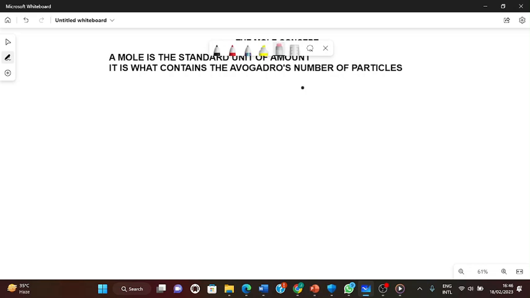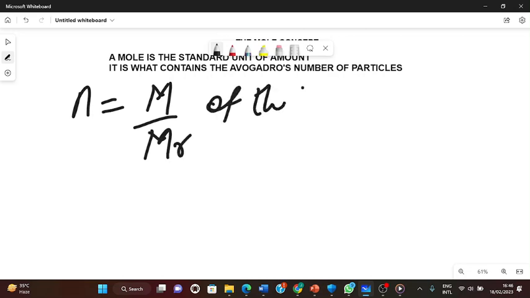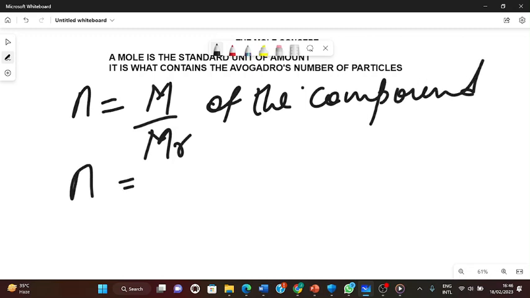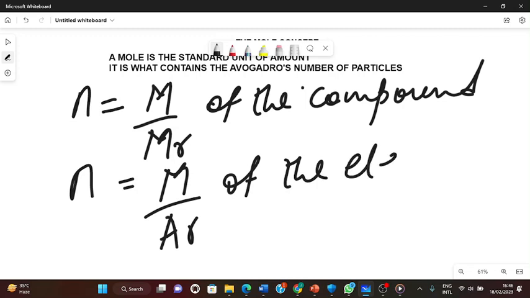Therefore, we say number of mole is equal to mass over molar mass of the compound, or number of mole is equal to mass over relative atomic mass of the elements.